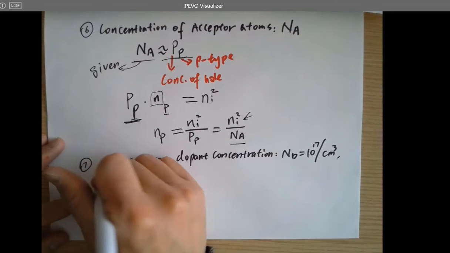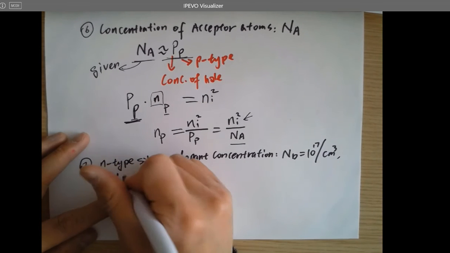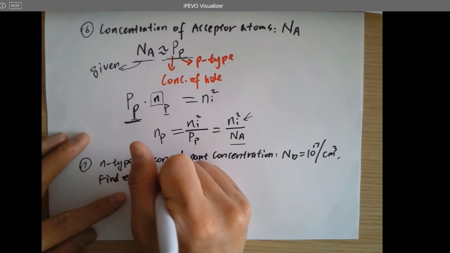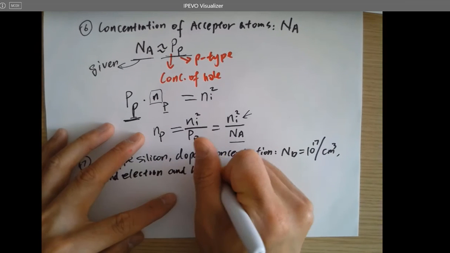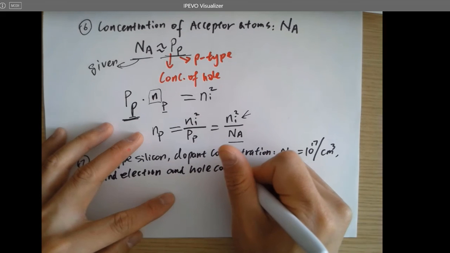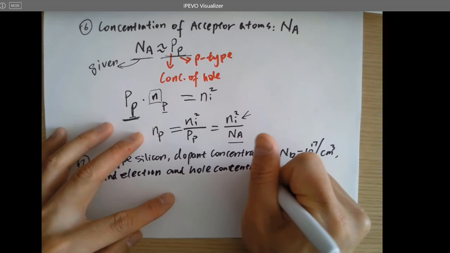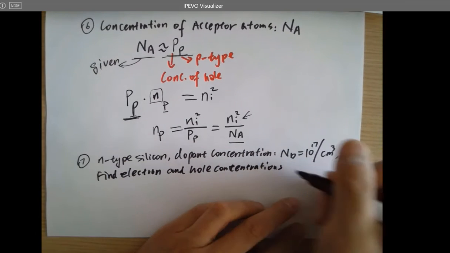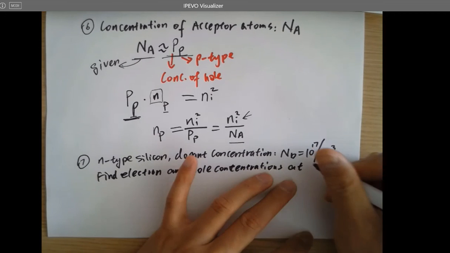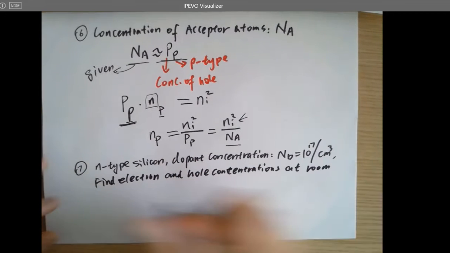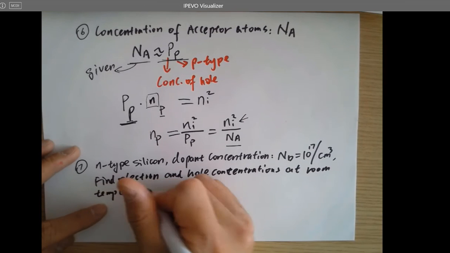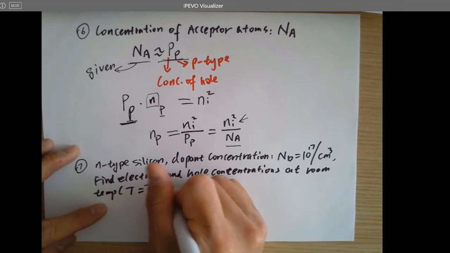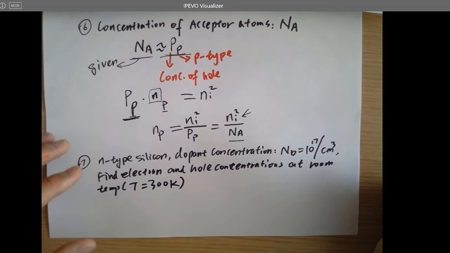I'm asking you to find the electron and hole concentrations at room temperature, which is T equals 300 Kelvin, or you can say 25 Celsius, it's the same thing.